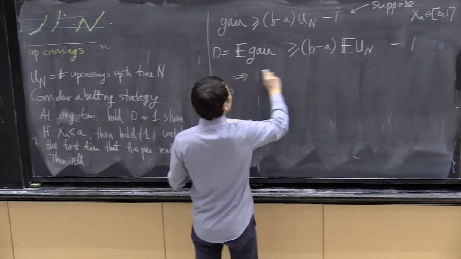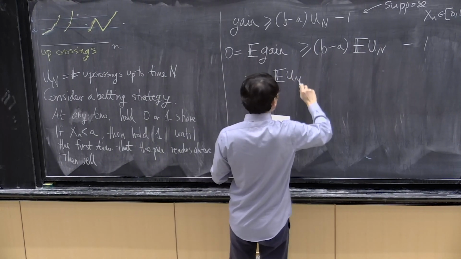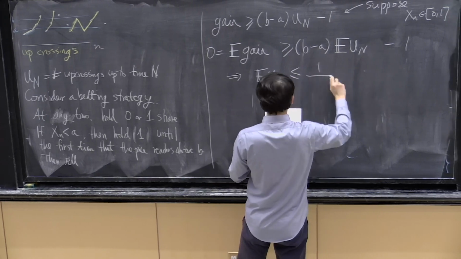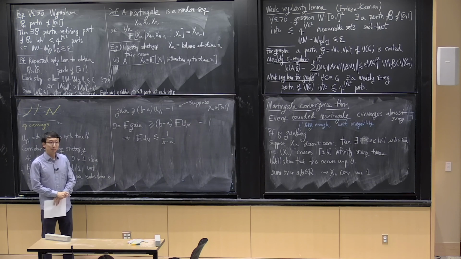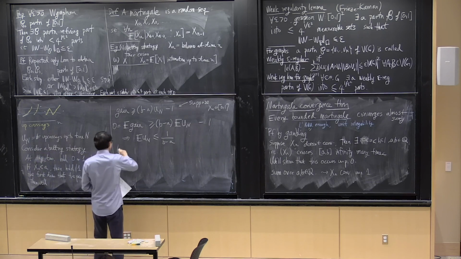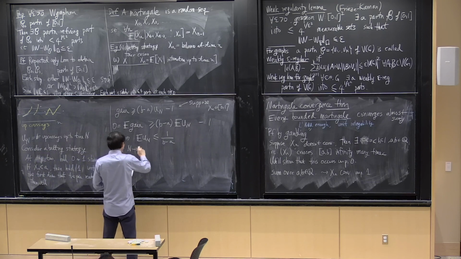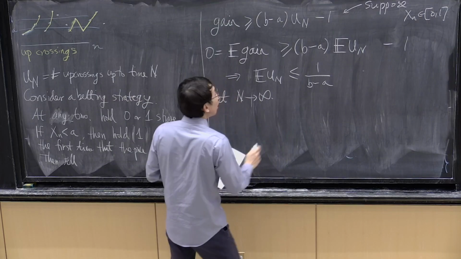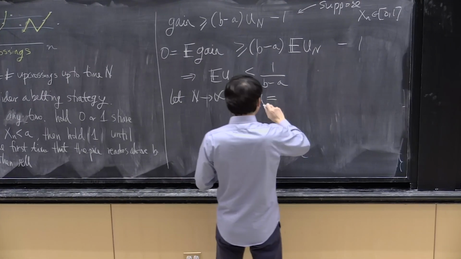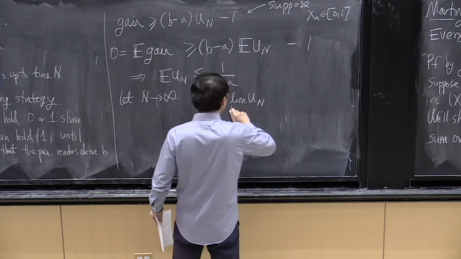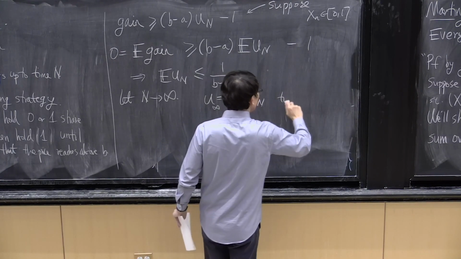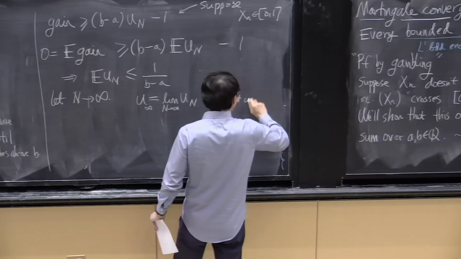And thus the expected number of upcrossings up to time n is at most 1 over B minus A. Now we let n go to infinity and let U sub infinity be the total number of upcrossings.